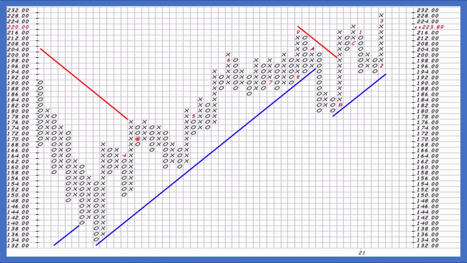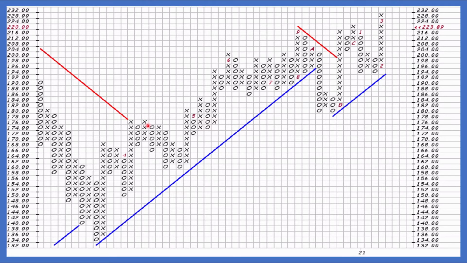At this point, we would have 3 O's. The stock drops 1 additional box, which if you look at the axis all the way to the right, each box here represents $2. It's going to be different depending on the stock you are viewing, but in this case, a box is $2. So it drops below, we get a 4th O. Then we see a reversal higher, 3 boxes, and we get 1 more move up for a 4th X.